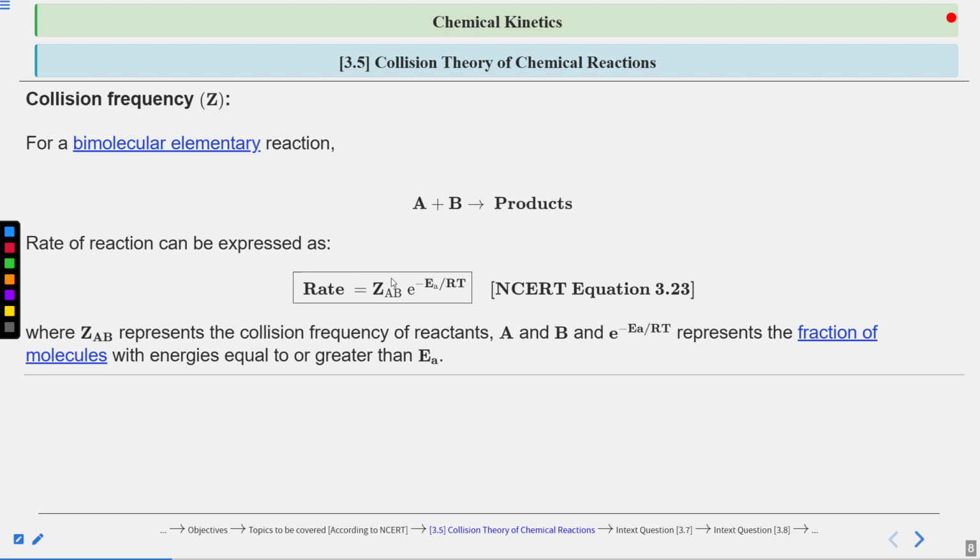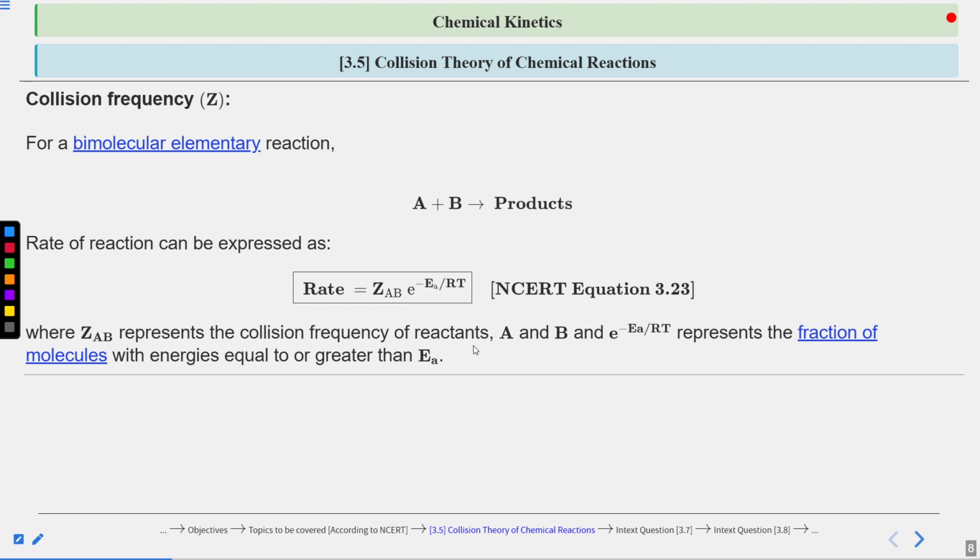Here ZAB represents the collision frequency of reactants A and B, and e to the power minus EA by RT represents the fraction of molecules with energies equal to or greater than EA.